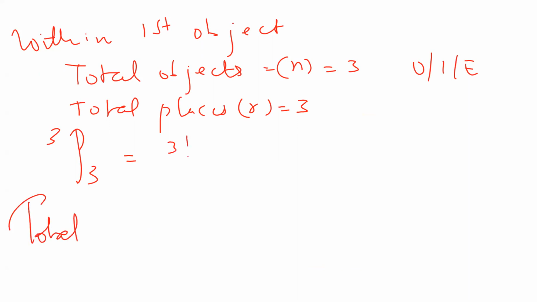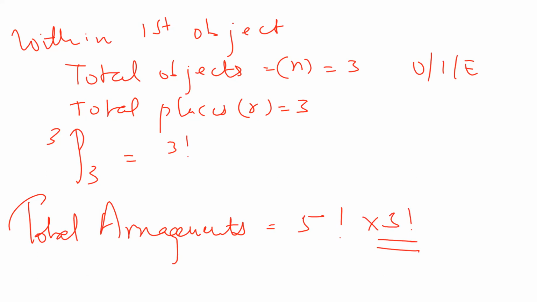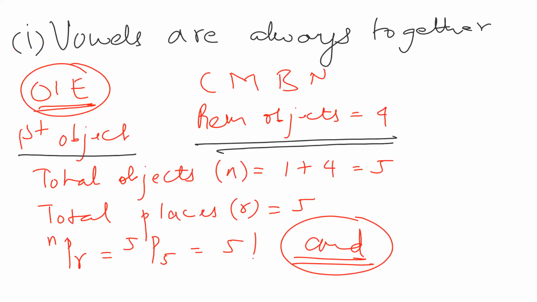We can also say that there are 3 blanks: 3 ways, then 2, and then 1. So the answer is 5 factorial into 3 factorial. This 3 factorial is specifically for the first object, and 5 factorial is for the previous thing. So you copy this, then I'll go to the next slide.